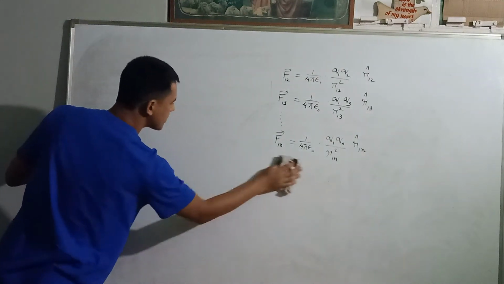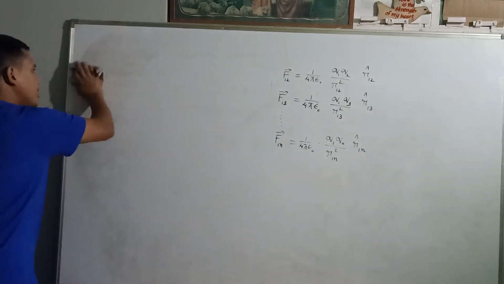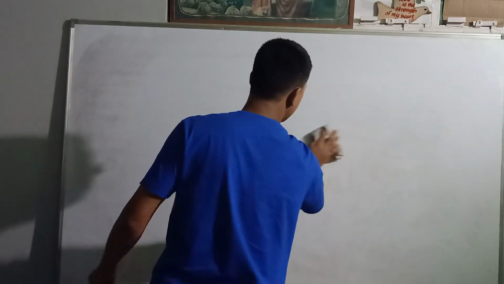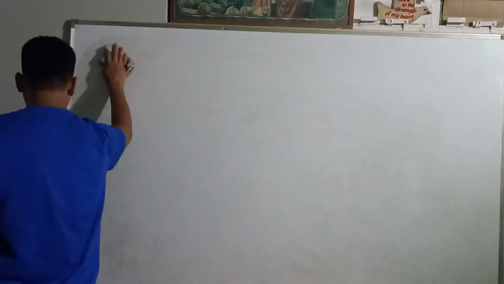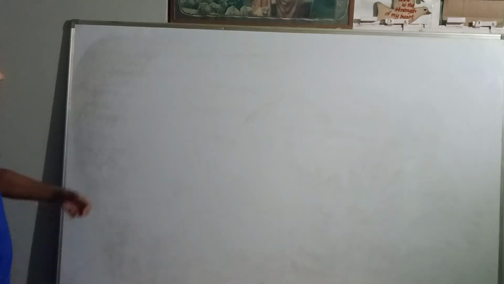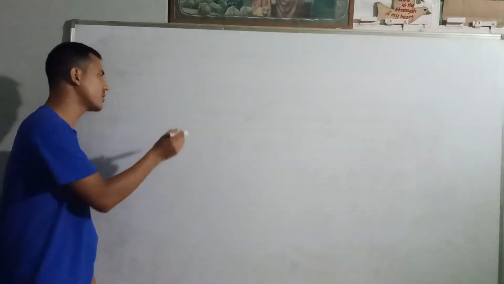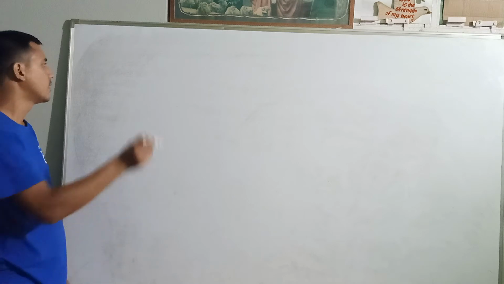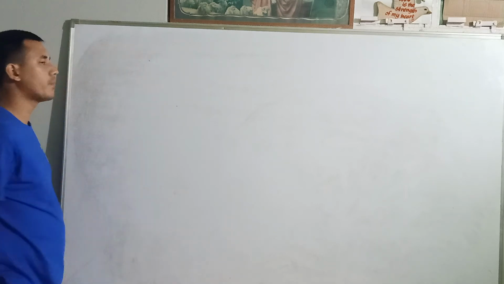The next topic is continuous distribution of charge. How can a charge be distributed over a body? Till now we have considered only a point charge, like the charge of an electron. Electron is just a point particle, and a proton is just a point particle.